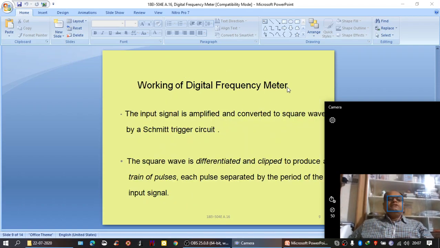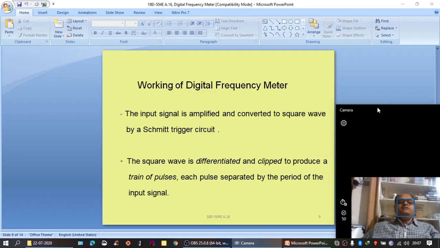Working of the digital frequency meter. Already I have explained, but still let me read it out once again for you for the second time. The input signal is amplified and converted to a square wave by using a Schmitt trigger circuit.